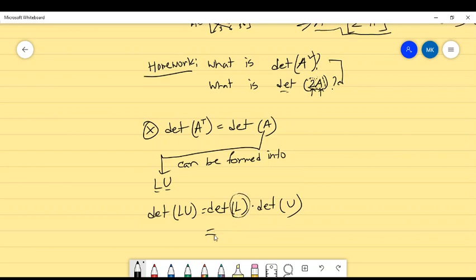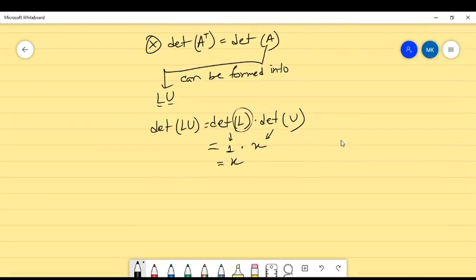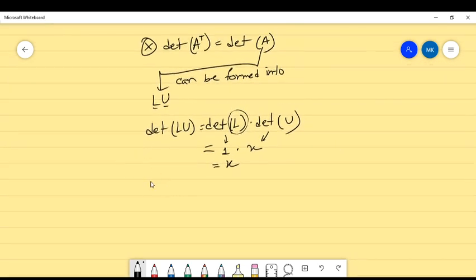You can always look back and check that the diagonal of this lower triangular matrix is 1. The determinant of a triangular matrix is the product of the diagonal elements, so as they are all ones, the determinant of L is 1, and the determinant of U is, let's say, x. So the determinant of A is x.